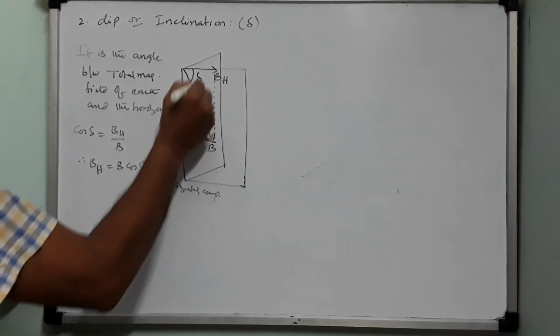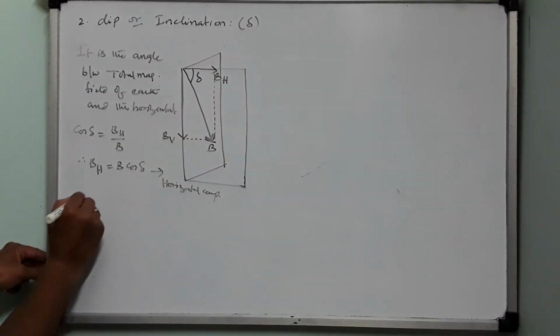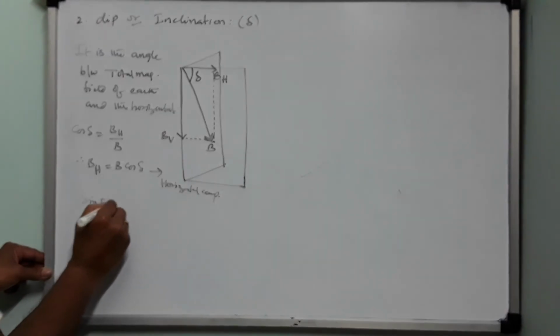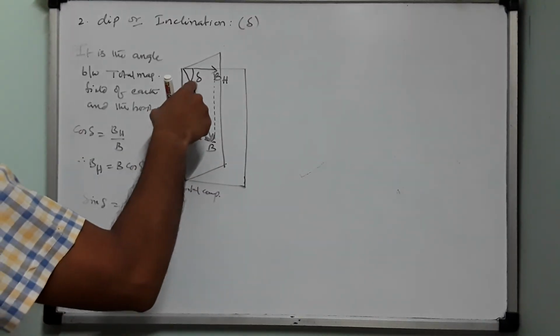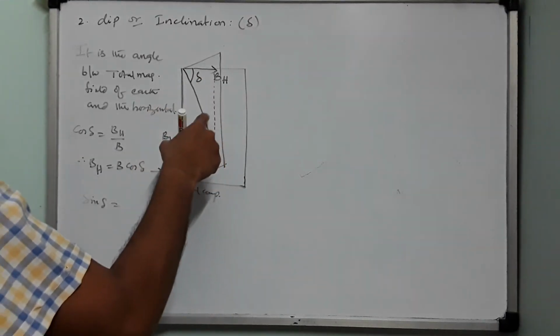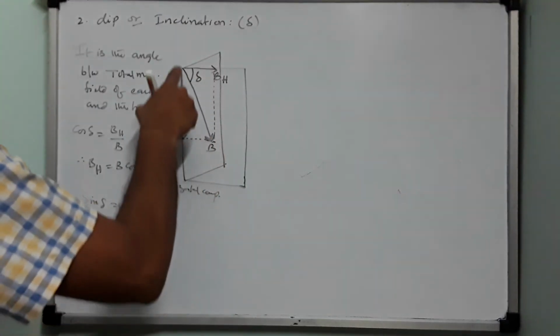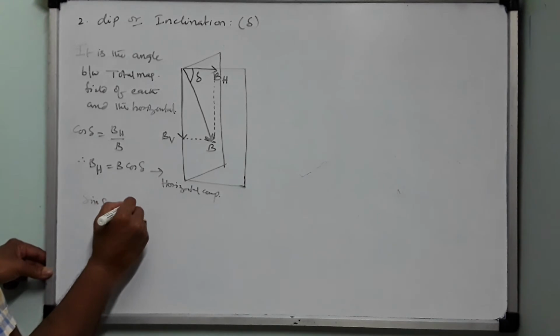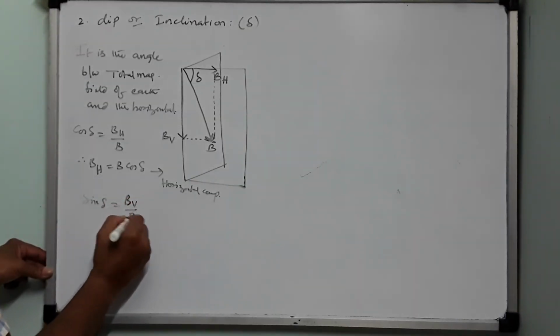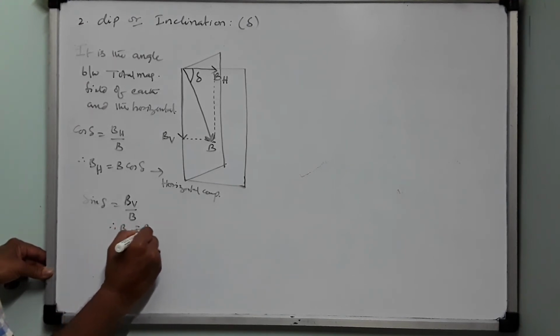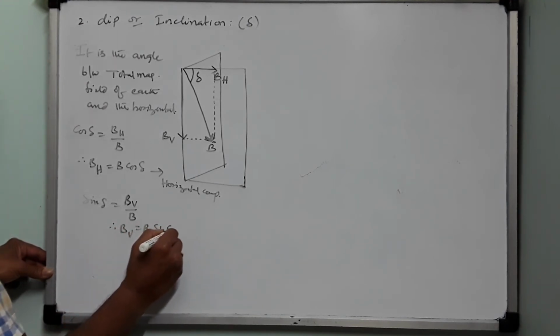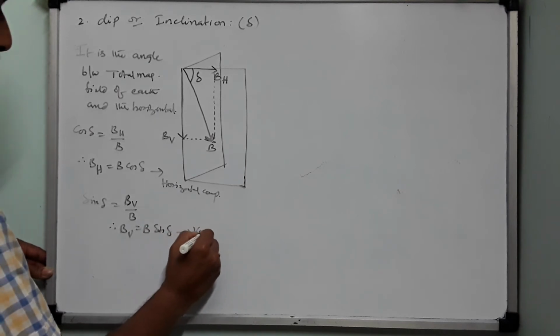And from the same triangle, sin delta equals opposite by hypotenuse. This is opposite, so this is nothing but BV. BV by B. So therefore BV equals B sin delta. This is known as the vertical component.